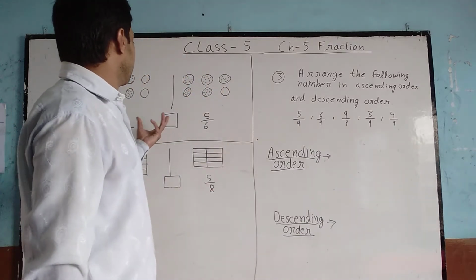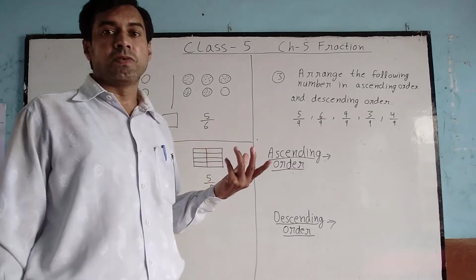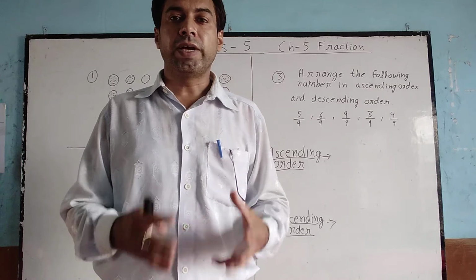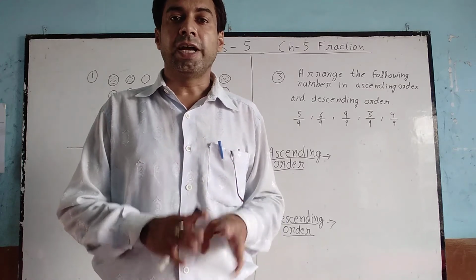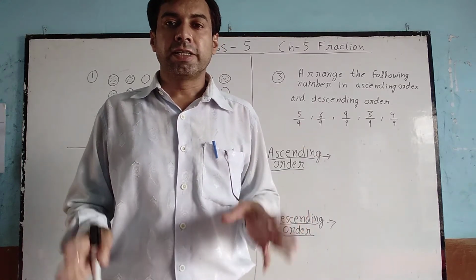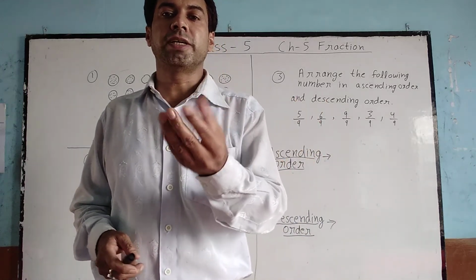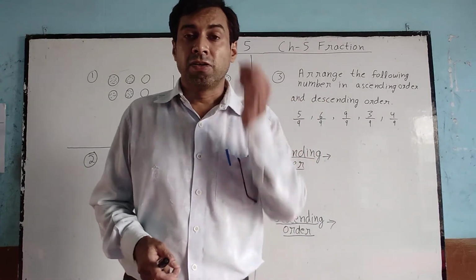So student, very simple. When the denominator is same and the numerator is different, then the smaller numerator is the smaller fraction, and the bigger numerator is the bigger fraction.